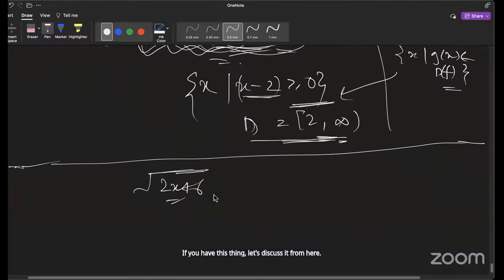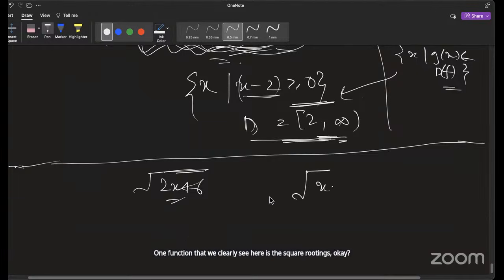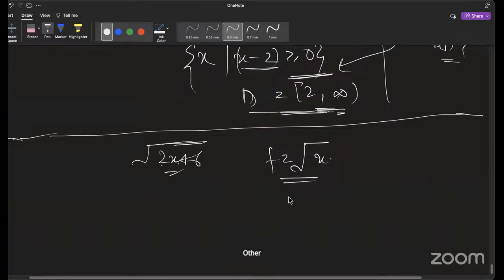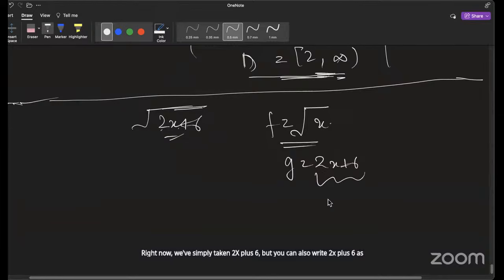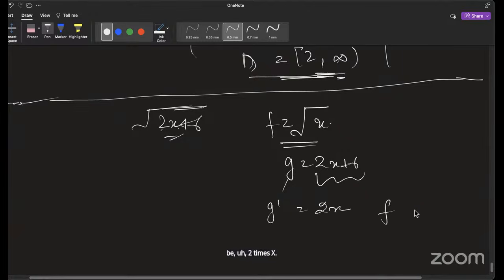One function that we clearly see here is the square root of x. In fact, one is clearly the square root, and the other one is x. So you can extend it further. Right now we've simply taken 2x plus 6, but you can also write 2x plus 6 as the composition of two functions, where you can take g dash to be 2 times x and f dash to be x plus 6.